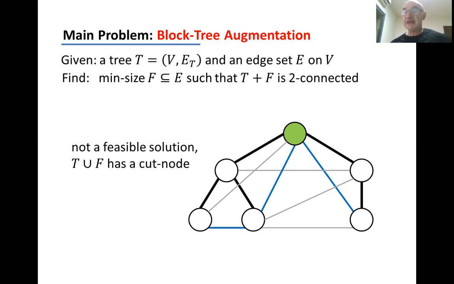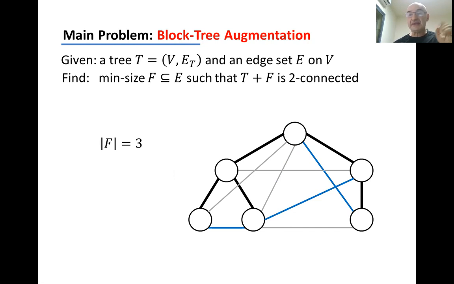For example, the three blue edges here do not form a feasible solution. If we add these three blue edges to the tree, then we obtain a two-edge connected graph and not a two connected graph.